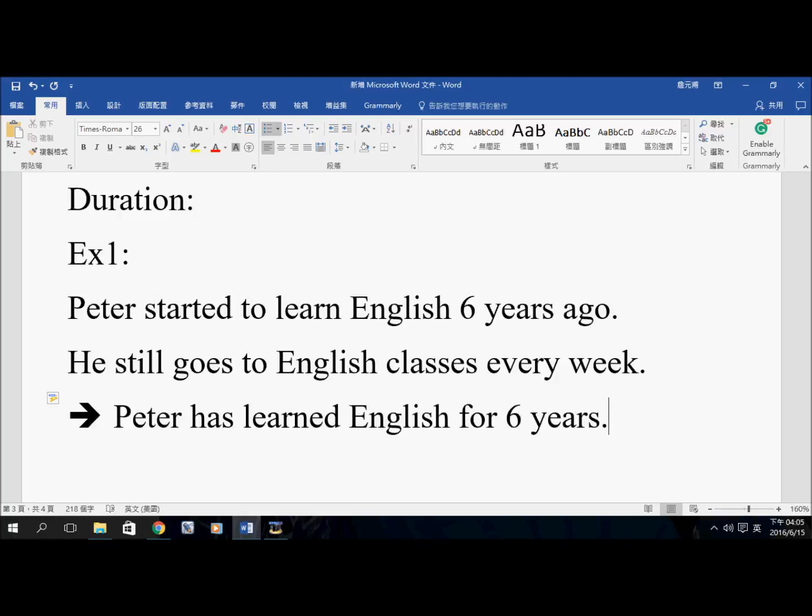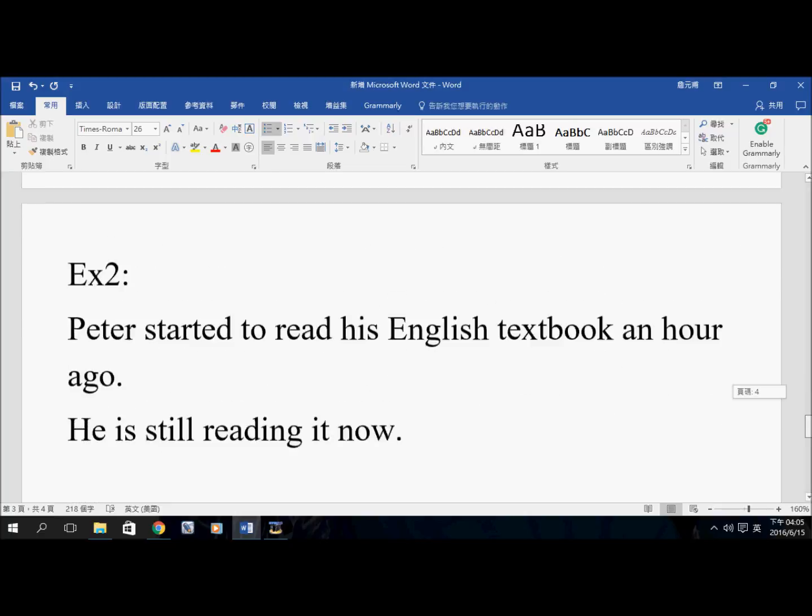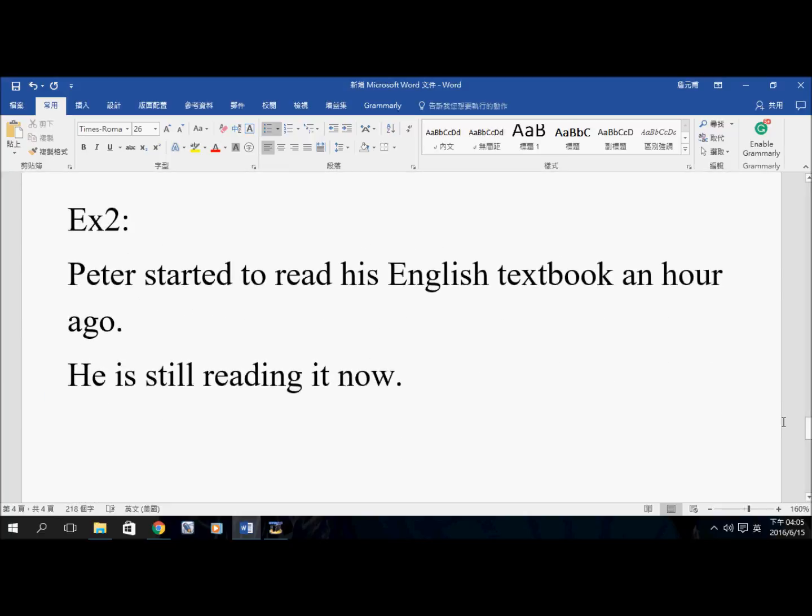Of course, you can also use the present perfect continuous tense. It's okay. Now in situation number 2, we know that Peter is reading his English textbook right now. So to emphasize the fact that he is still doing it right now, it's better for us to use the present perfect continuous tense so that the listener knows he is doing it right now.